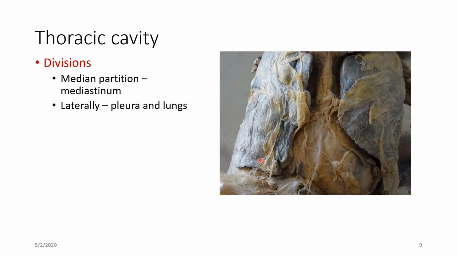Then you can see the pleura covering the lungs. So what layer of pleura? This is the parietal layer of pleura, and the space between the two pleural cavities is the interpleural space or mediastinum.